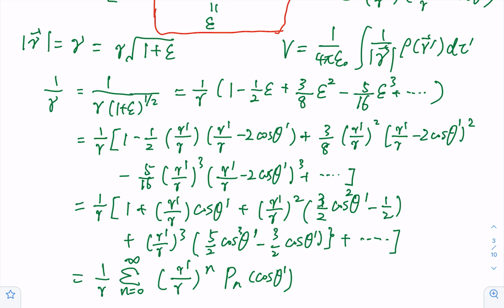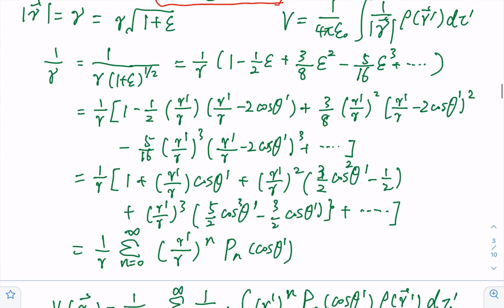After we collect these terms, the terms involving cosine theta prime are actually interesting, in the sense that this is P0 cosine theta, this is P1 cosine theta, this is P2 cosine theta, and this is P3 cosine theta.